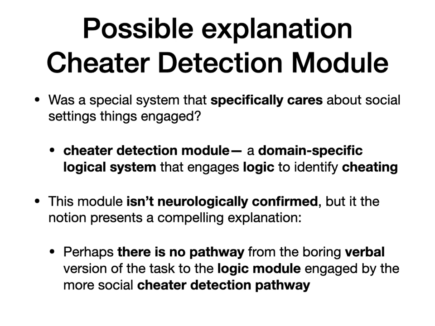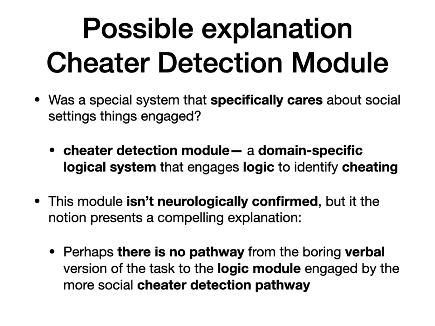It's only accessible from what is thought of as a cheater detection module, something that would be very useful if you are living in a society of animals that need to share resources and not hurt each other and not cheat each other, right?